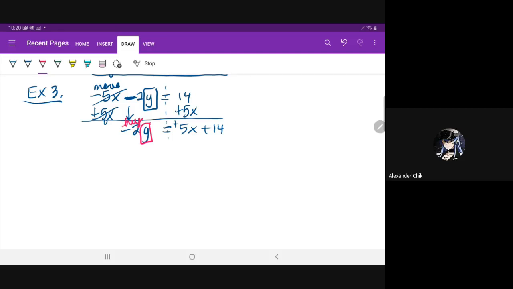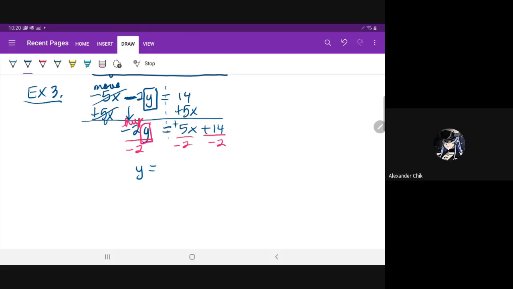Yes, divide by what? Yes, exactly. So -2, -2. So I just wanted to show you an example where you're dividing by -2 instead.